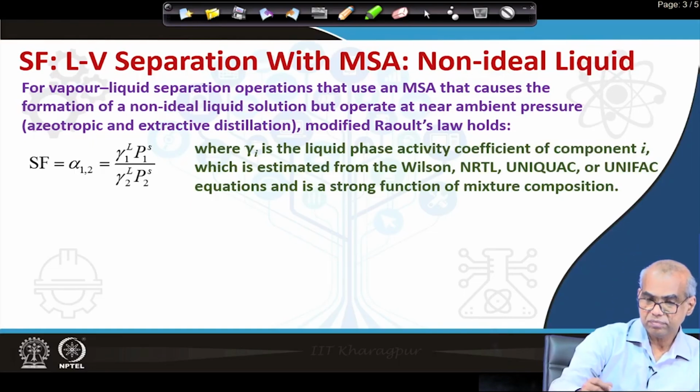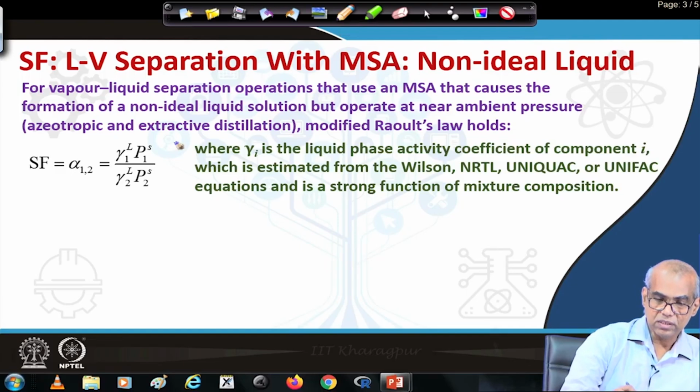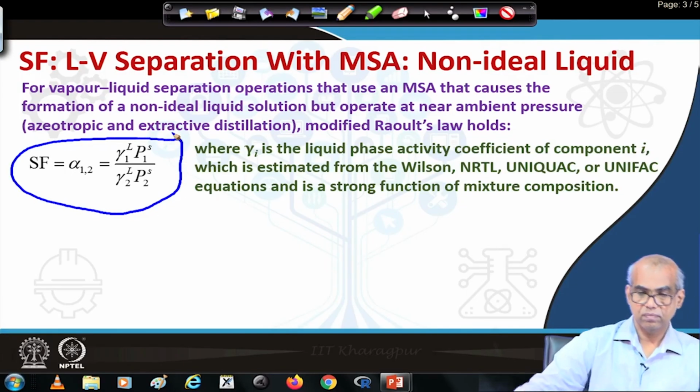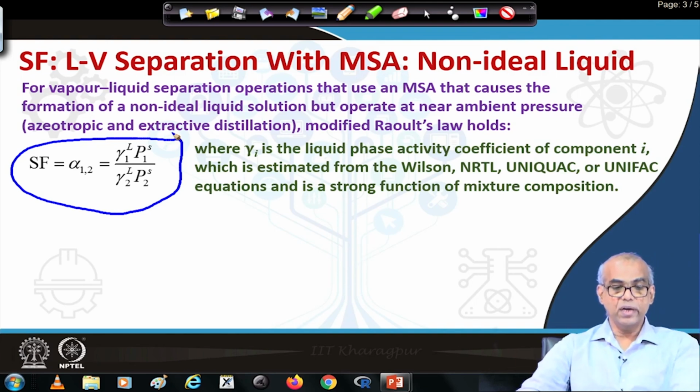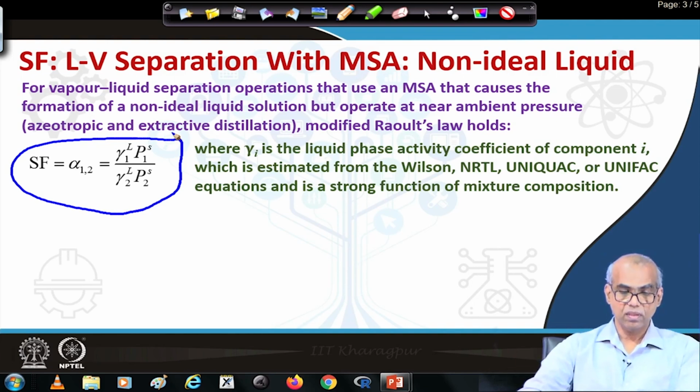Note that the separation factor for non-ideal liquid solutions has been expressed in terms of activity coefficients of component 1 and component 2 and the vapor pressures of component 1 and component 2.